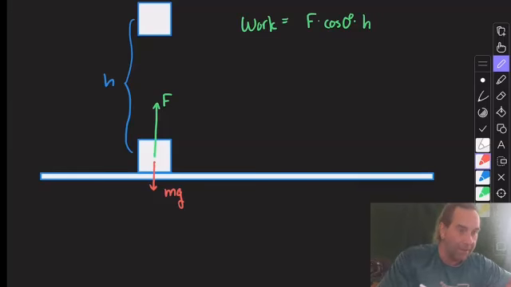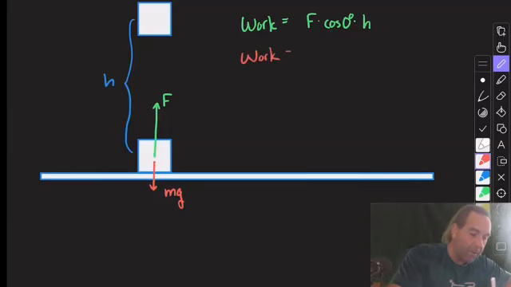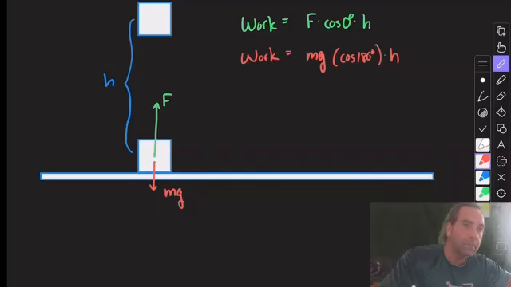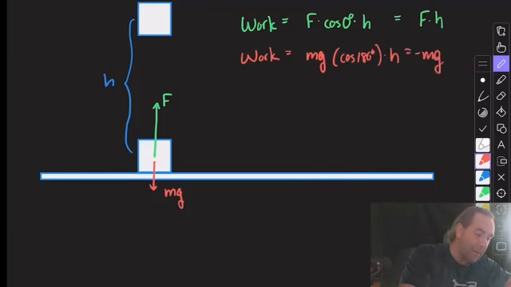So in the case of this example, the work done by gravity is going to be equal to mg times cosine of 180 degrees times h. Now, this inherently is a positive number, while this inherently is a negative number, because I'm doing work against the gravitational force.